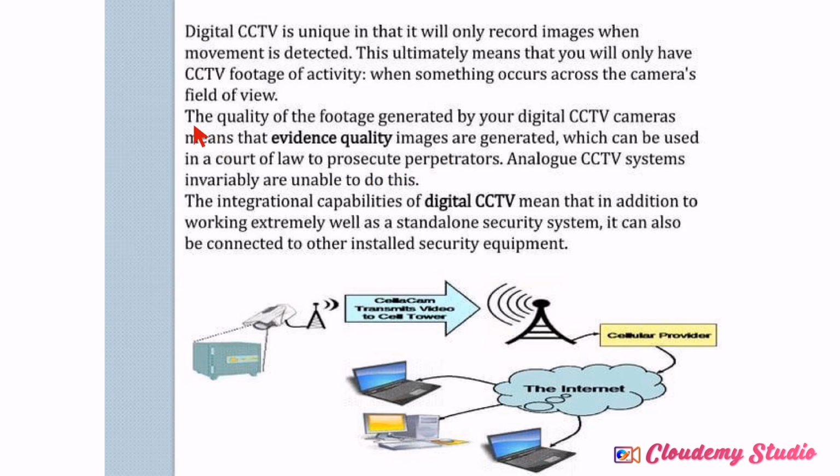I'll repeat, the quality of the footage generated by your digital CCTV cameras means that evidence quality images are generated which can be used in a court of law to prosecute perpetrators.